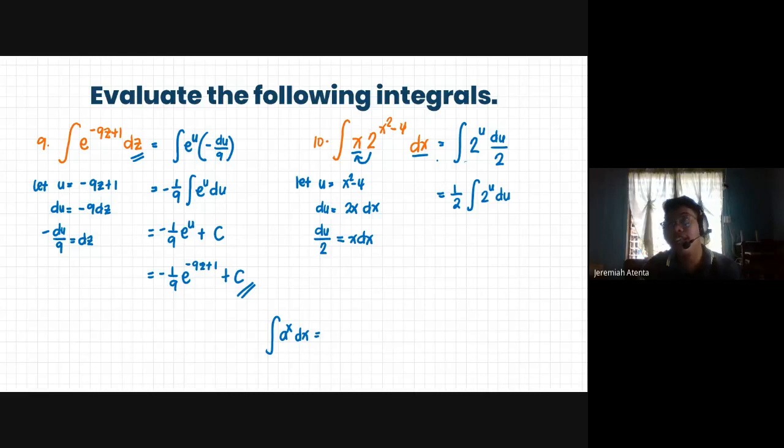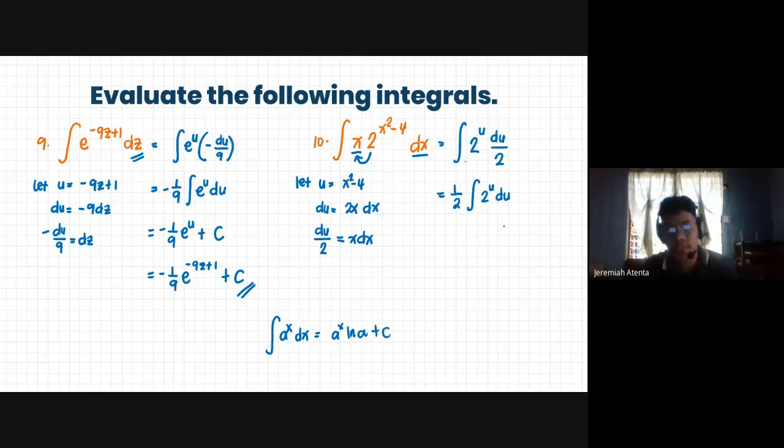So, i-divide natin pag derivative. But if we are going to take the integral, so that will become division, not multiplication. Tama? So, we have a raised to x over ln a. I think this is the integral.